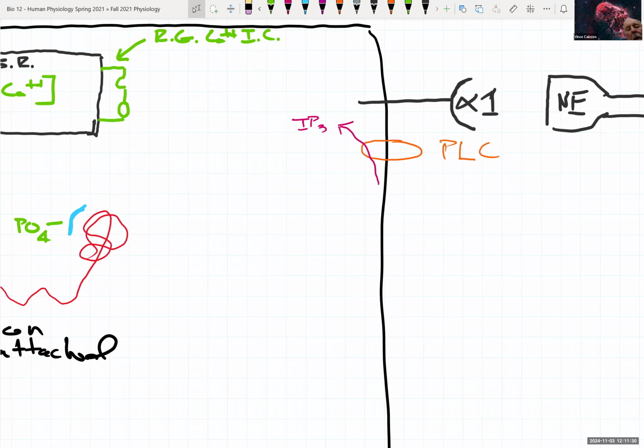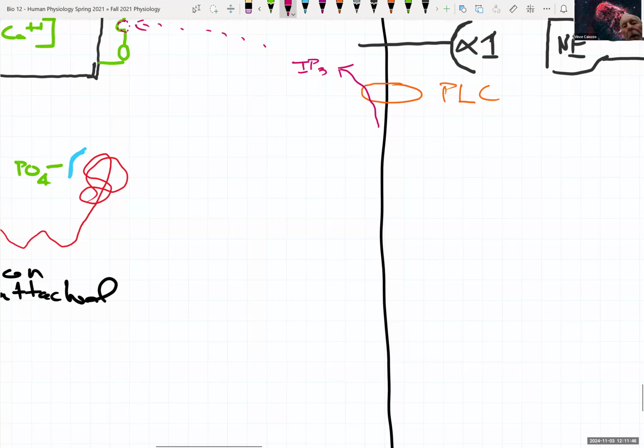IP3 then diffuses throughout the cell and binds to the receptor-gated calcium ion channel.